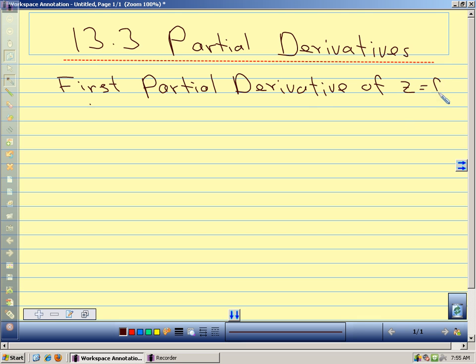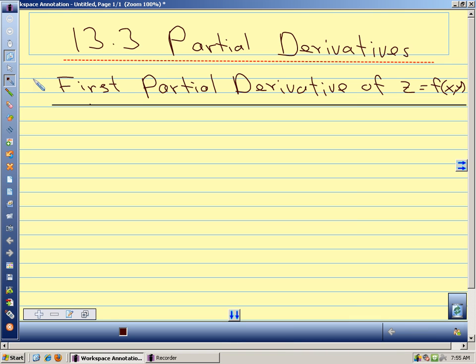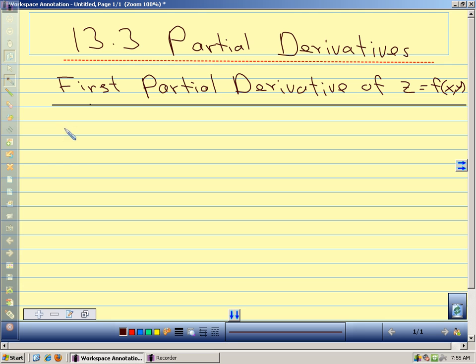So we have a multivariable function z, some function of x and y, and we're going to write our definition. The definition is going to look familiar. You were assigned homework problems where we calculated these using our definition.